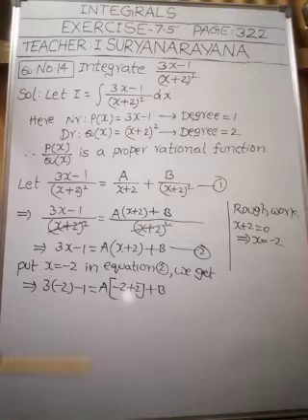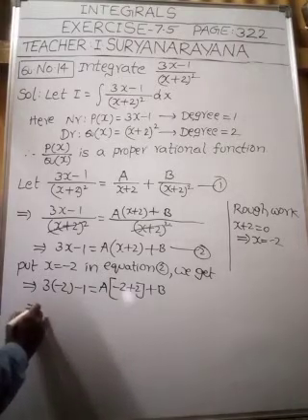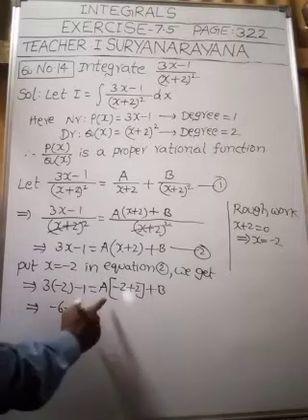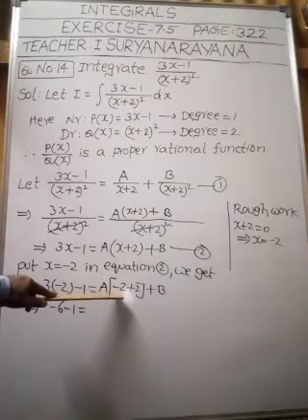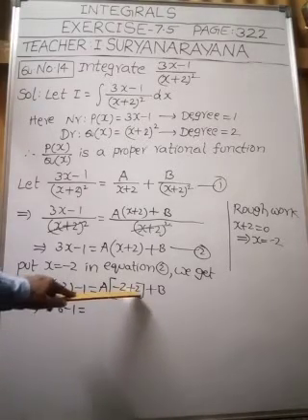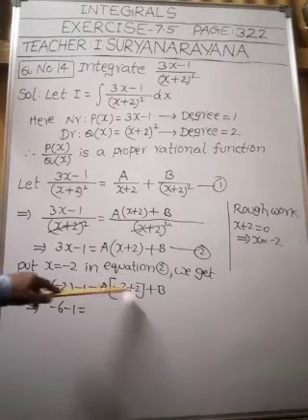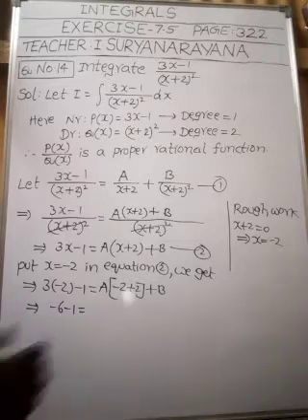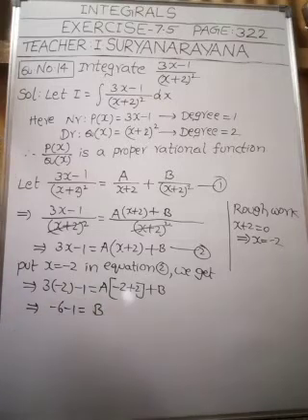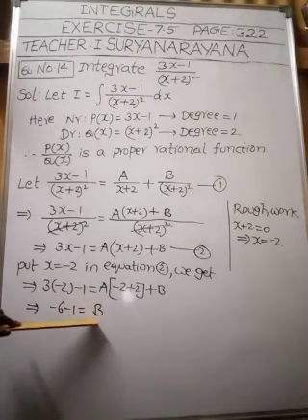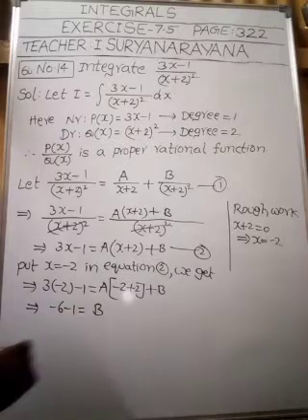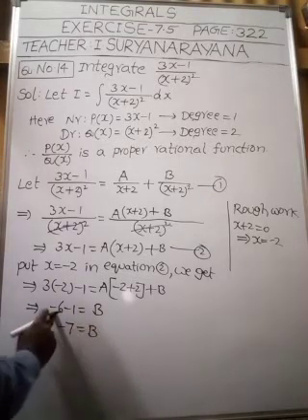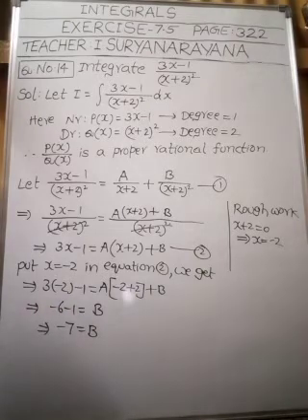Understood this step, my children? Right. This implies minus 6 minus 1 is equal to, first term: see there, minus 2 plus 2, what will you get? 0. A into 0 is 0, so I am not writing this first term. Plus b, so I am writing only the second term. Understood this step, my children? Right. This implies minus 7 is equal to b. Minus 6 minus 1, what will you get? Minus 7.